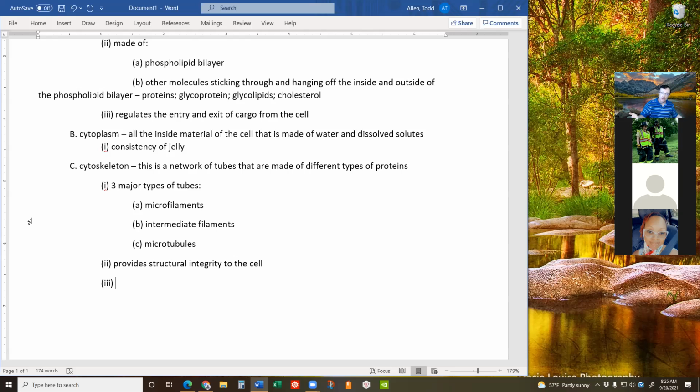Okay, so the cytoskeleton is a network of tubes, and those tubes not only provide structural strength to the cell, they also act as a road network for machinery inside the cell to walk along the tube like you're walking along the road, moving cargo from point A to point B inside the cell.